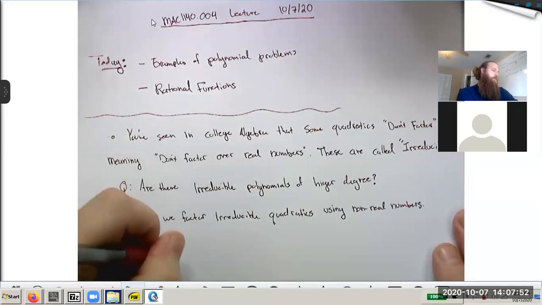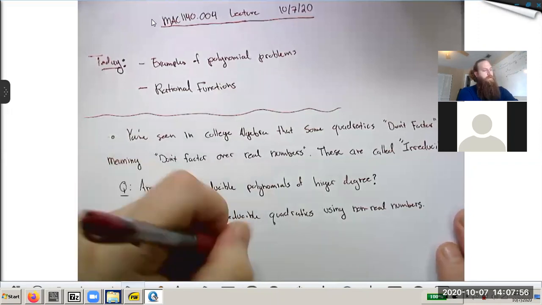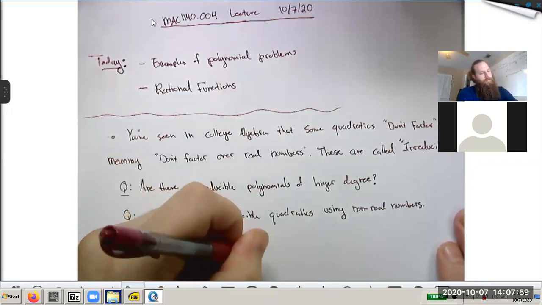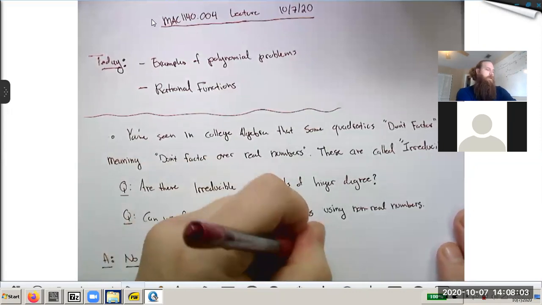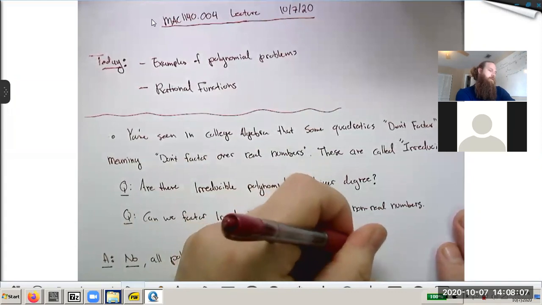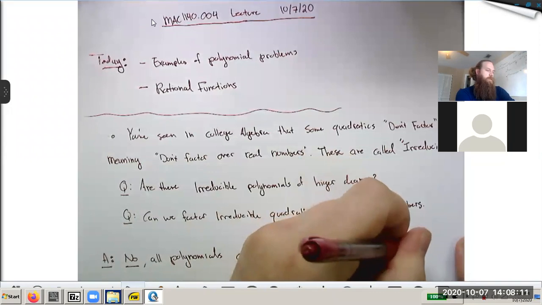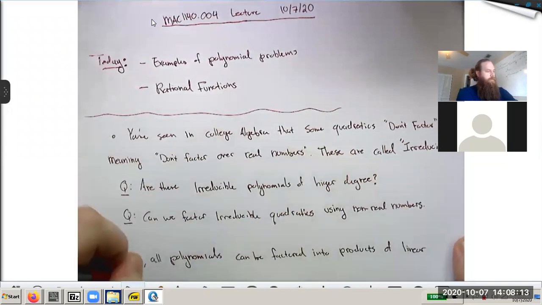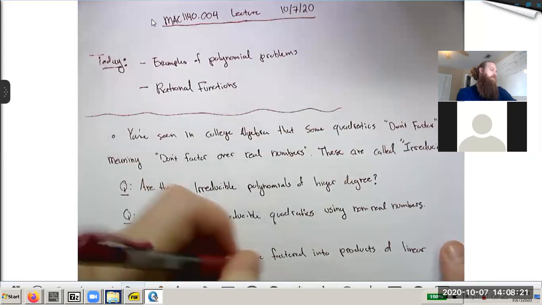All polynomials can be factored into products of linear factors and irreducible quadratic factors.